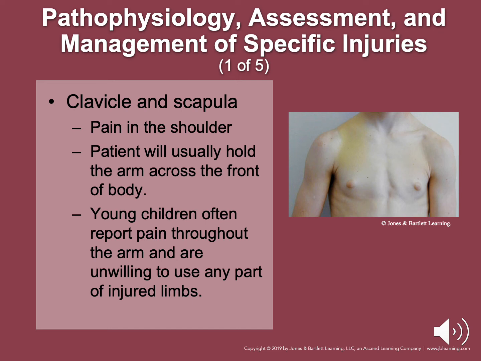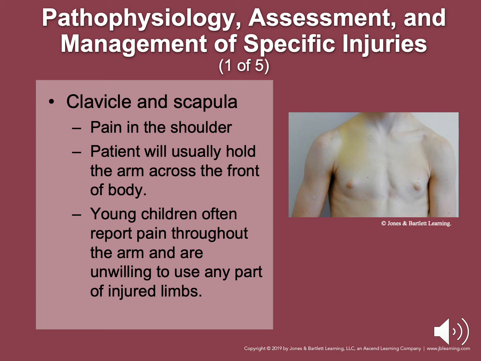Young children will also report pain through the arm and are unwilling to use any part of the injured limb. Swelling and point tenderness occur over the clavicle, and because the clavicle is subcutaneous, the skin may tent over the fracture fragment, which may lead to neurovascular compromise.